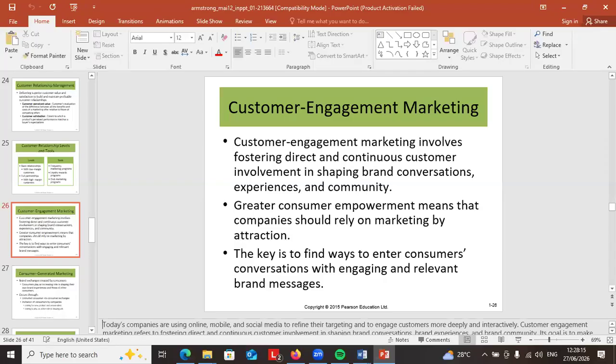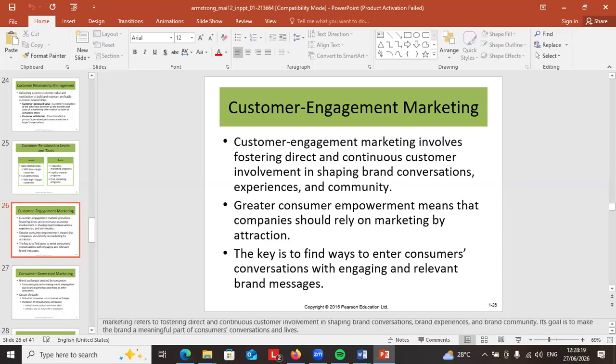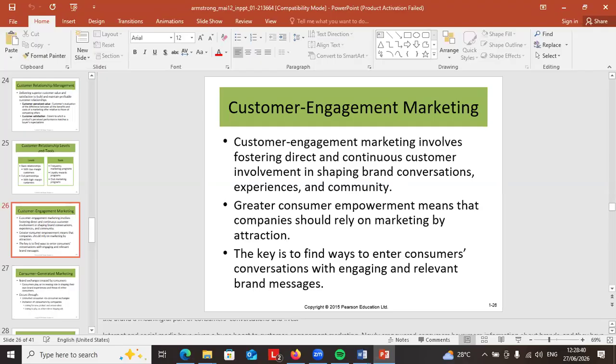And so customer engagement marketing refers to fostering direct and continuous customer involvement in shaping brand conversations, brand experiences, and brand community. Of course, its goal is to make the brand a meaningful part of consumers' conversations and lives.